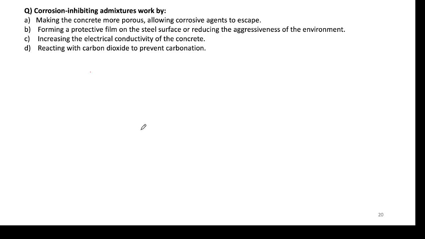Just now we have seen that corrosion inhibiting admixtures are used to reduce the corrosion rate in reinforced concrete structures by strengthening the passive film, reducing the cathodic or anodic reactions, or forming a strong added protective layer. Hence, option B is more appropriate. Forming a protective film on the steel surface, reducing the aggressiveness of the environment, is the solution for reducing the corrosion rate.